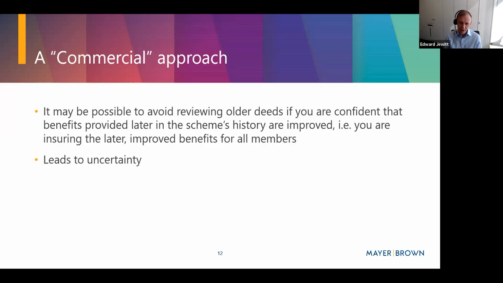And typically, schemes tended to improve their benefits during the 1980s and 1990s when they had a surplus. And then once you got into the 2000s, schemes started to reduce benefits as deficits grew.